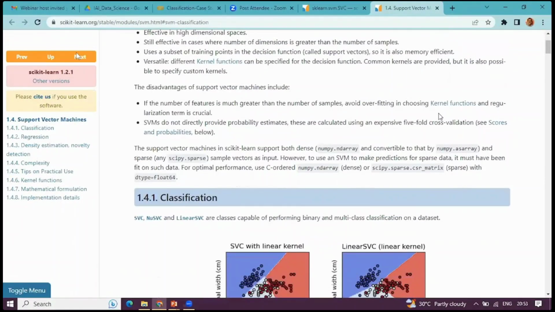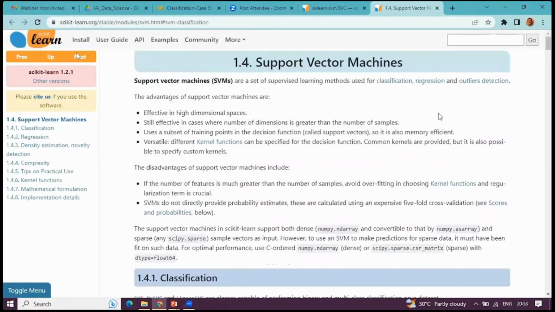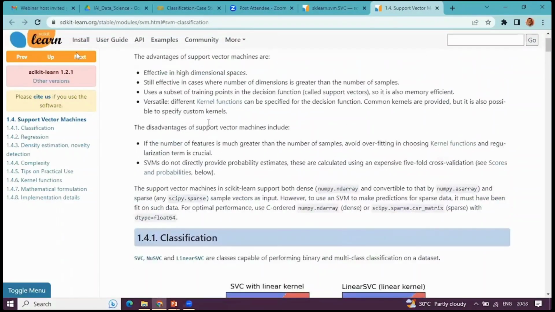So you see here, it's a versatility that is coming in, because you can specify different kernel functions, right? Sometimes you can create your own kernels. Probably I have not got to that stage. I would always try to work with the existing kernels itself. I don't think I have the knowledge where I can create my own kernel functions.